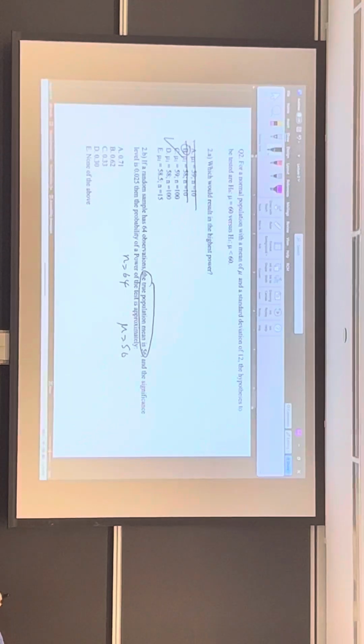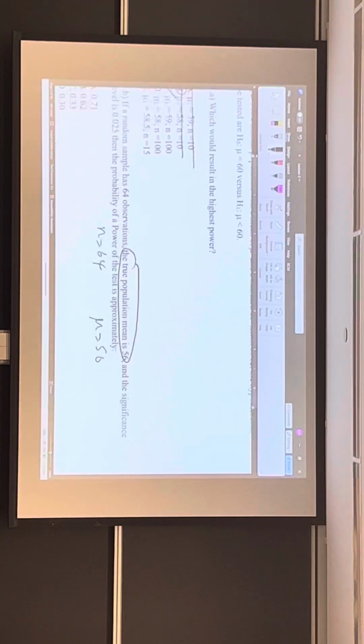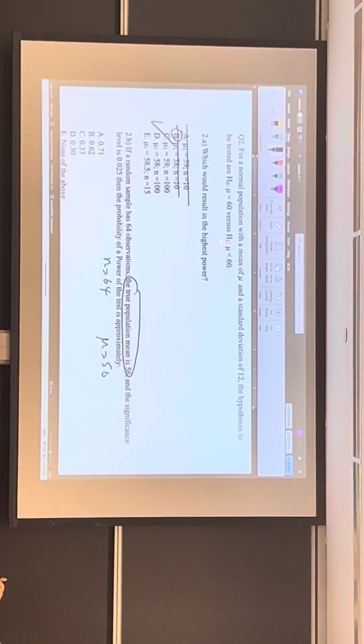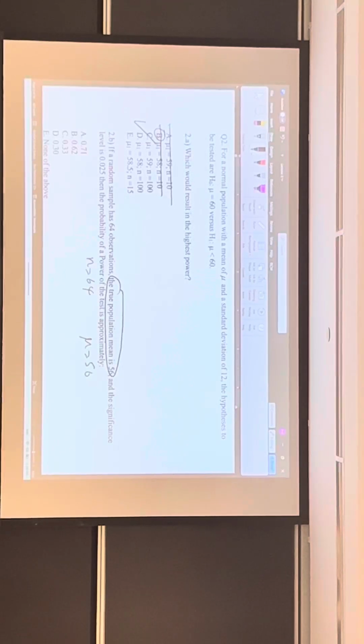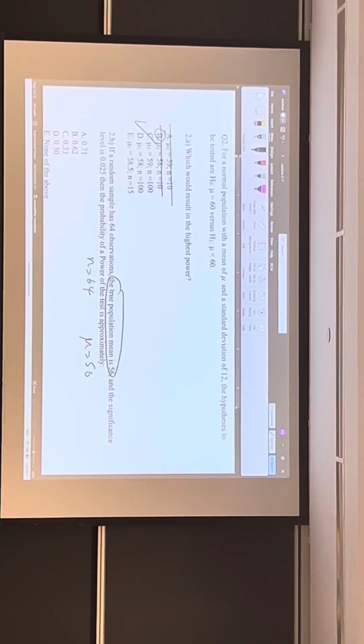It says the true population mean is 56, which basically means the alternative is correct at 56. So don't look for where the alternative is stated. It's right there in the statement.